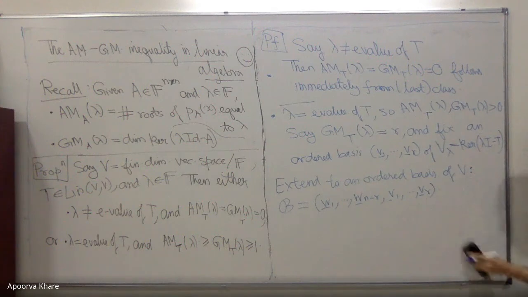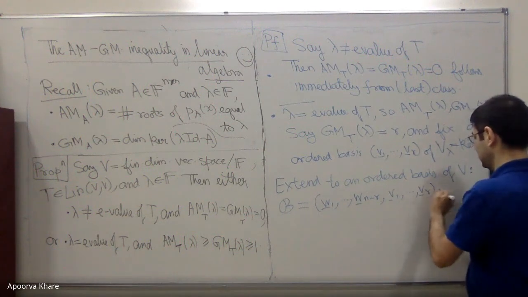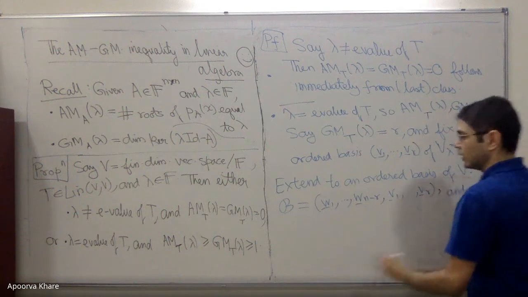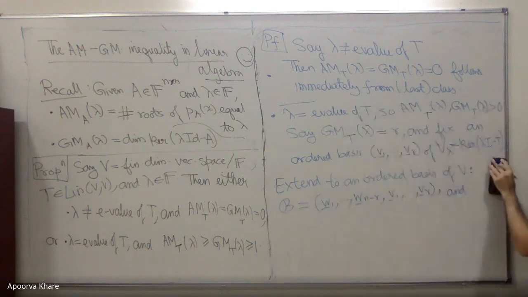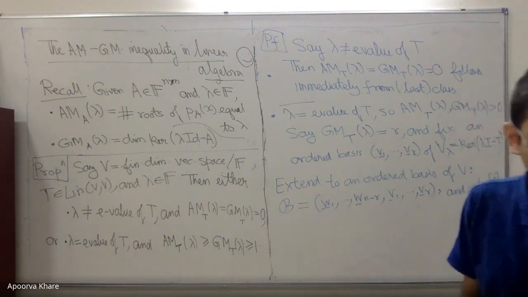And let us write down the matrix of T with respect to B comma B. Now, how do we write this down?